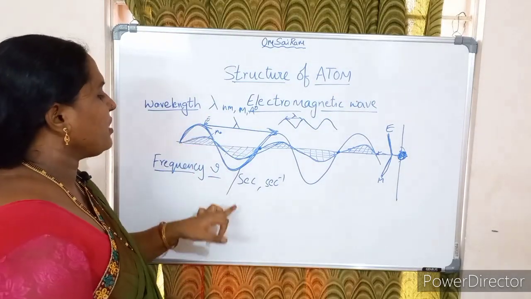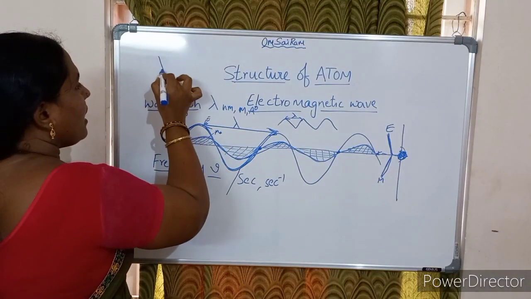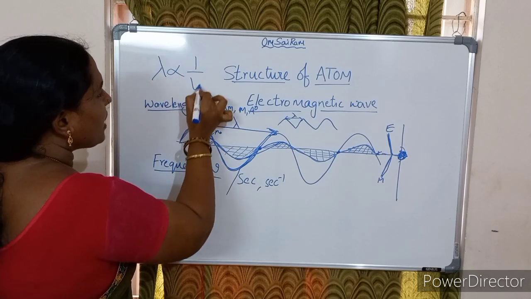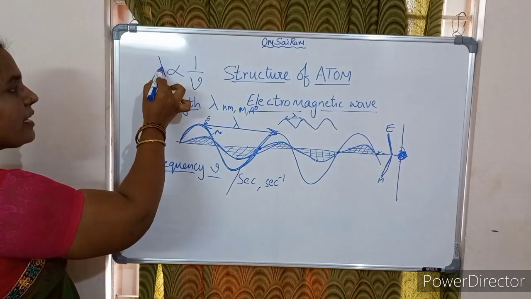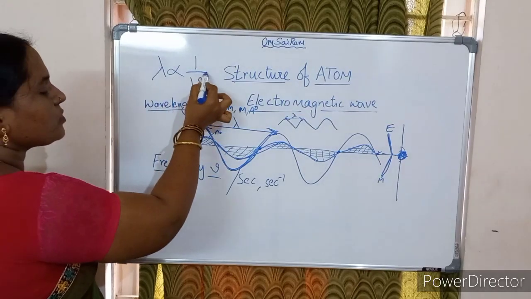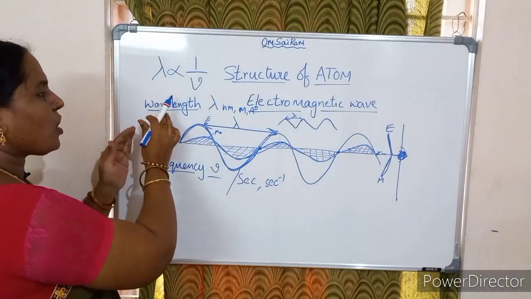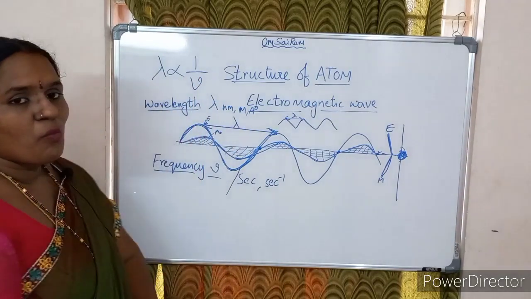The relationship between wavelength and frequency is that wavelength is inversely proportional to frequency. If the wavelength is shorter, the number of waves passing through the particular point will be more.